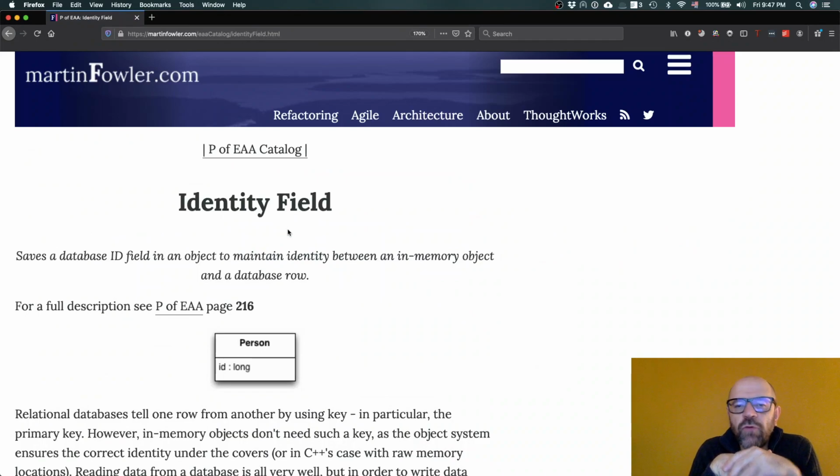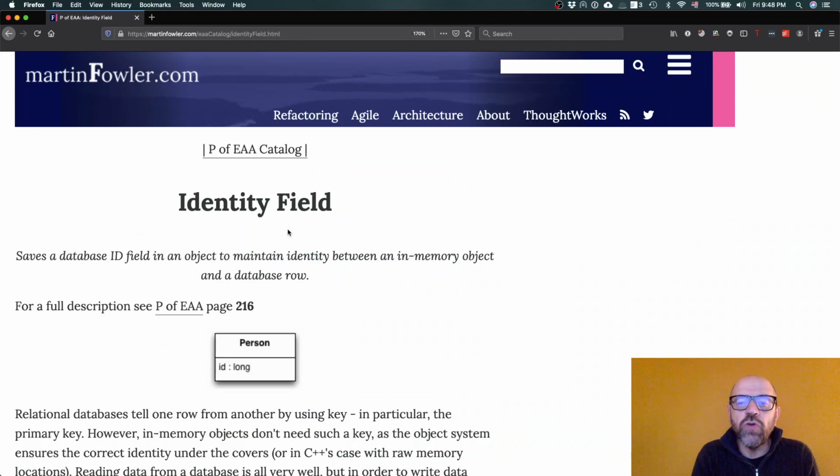So the solution, and that's the solution that you observe in JPA, is that you actually have a unique identifier, an integer, in the database. And what is described in this pattern is how these identifiers work, the different types of identifiers, the different strategies of identifiers.